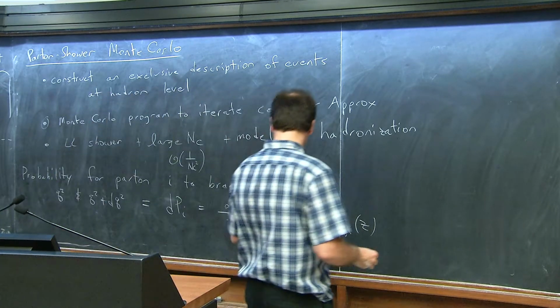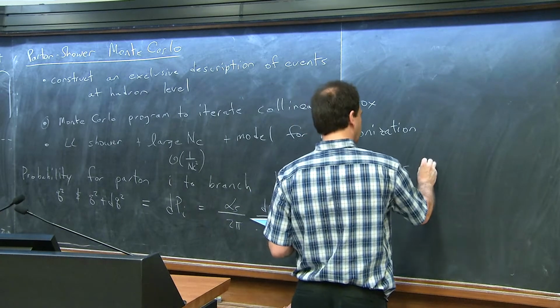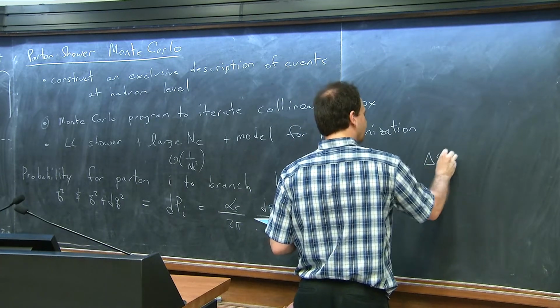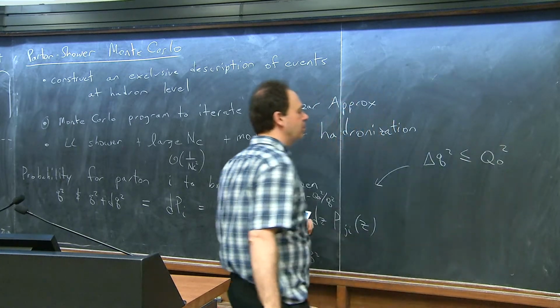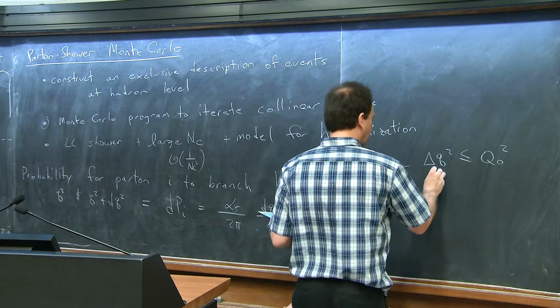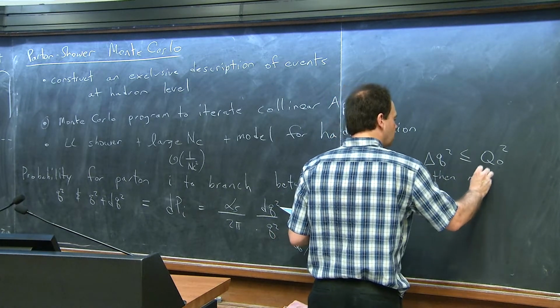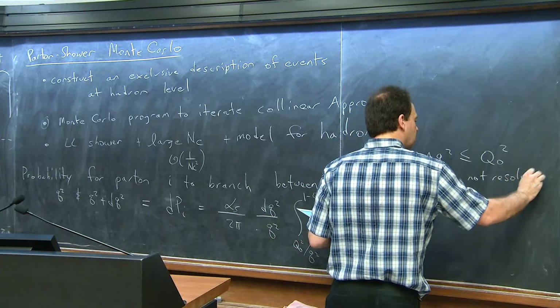And those cutoffs are put in by demanding that if the delta q squared of any two particles is less than or equal to this capital Q squared, then the particles are not resolved, and we better stop.